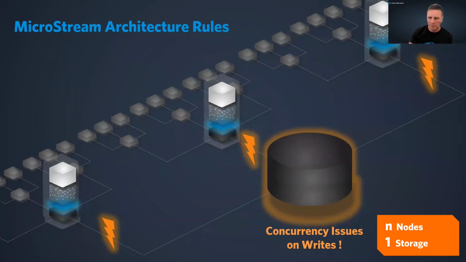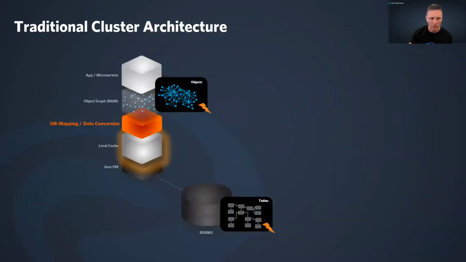But before we have a look at the MicroStream cluster, let's have a look at how traditional cluster architecture works. Here we have the architecture of a traditional Java application with traditional Java persistence.